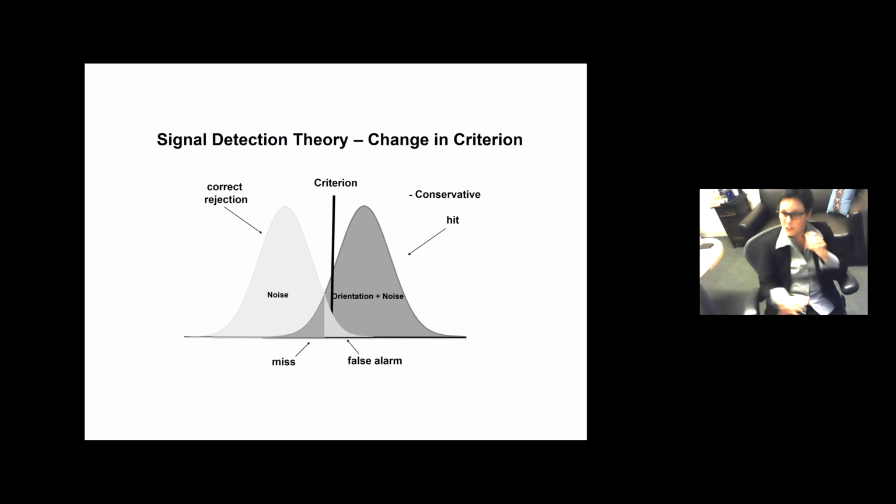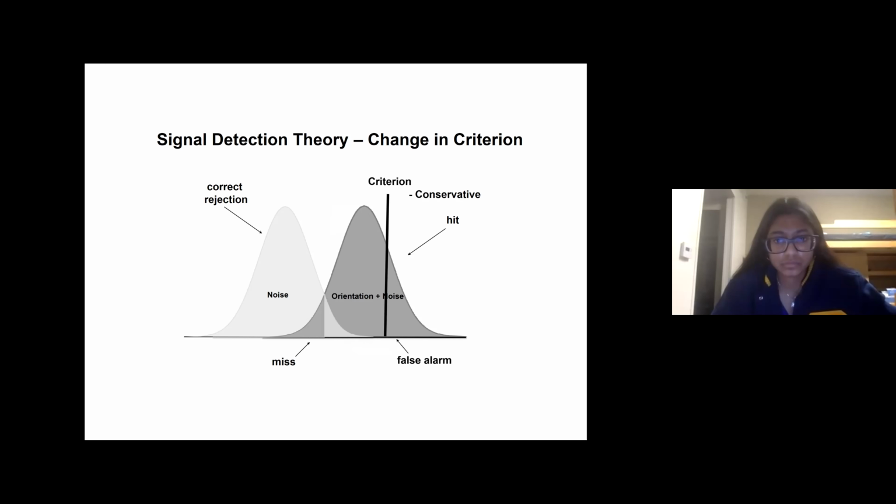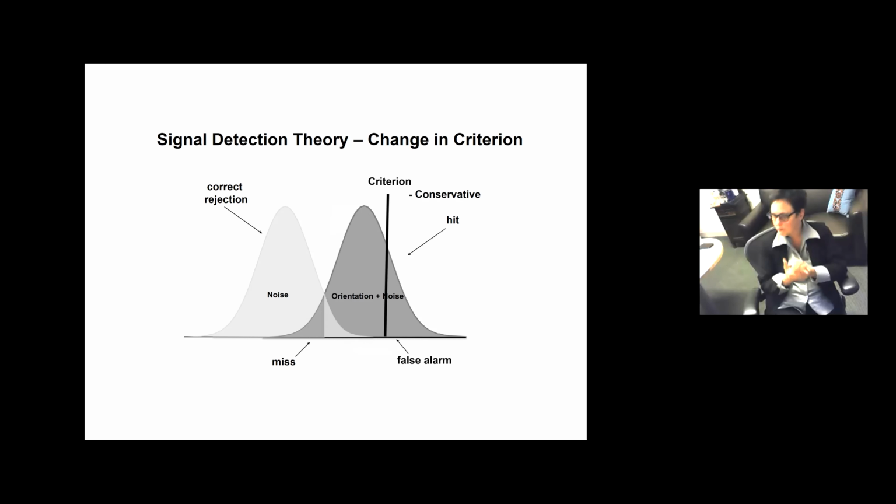And signal detection theory gives us the math to tell us how decisions are changing. So for example, if your criterion gets more conservative, right? You move your criterion to the right. Now, when I draw from this distribution, it's going to be really high levels of signal that give you a hit, and even intermediate levels here, you'll say no for, right?